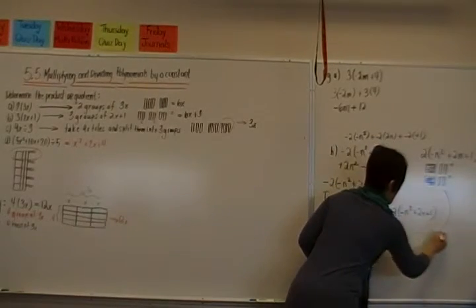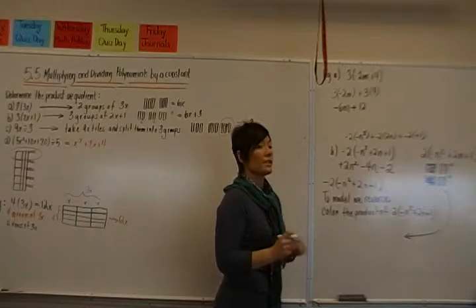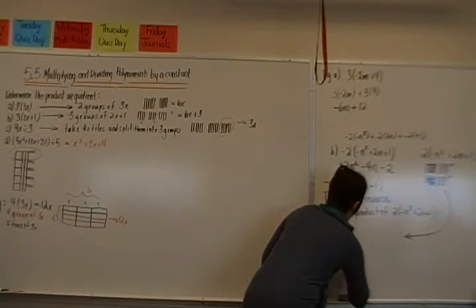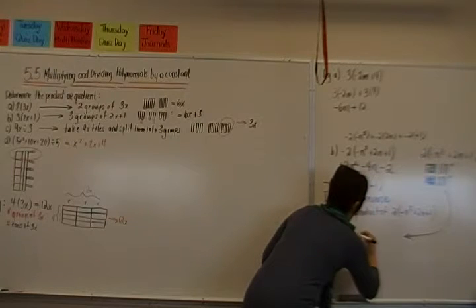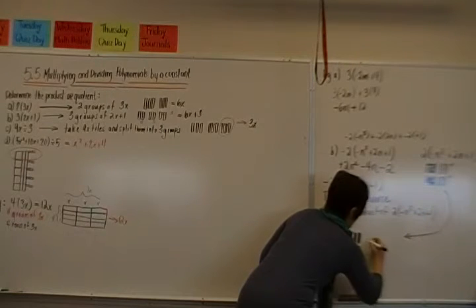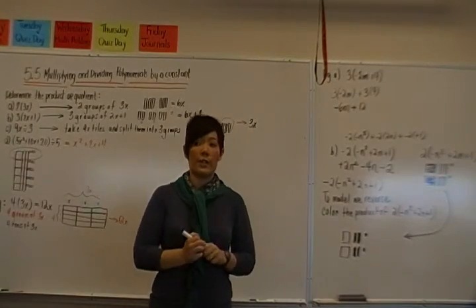So if this is the model of that, the reverse coloring is going to be the opposite. It's going to be 2 positive n squareds, 4 negative n tiles, and 2 negative 1s. It's the reverse coloring.